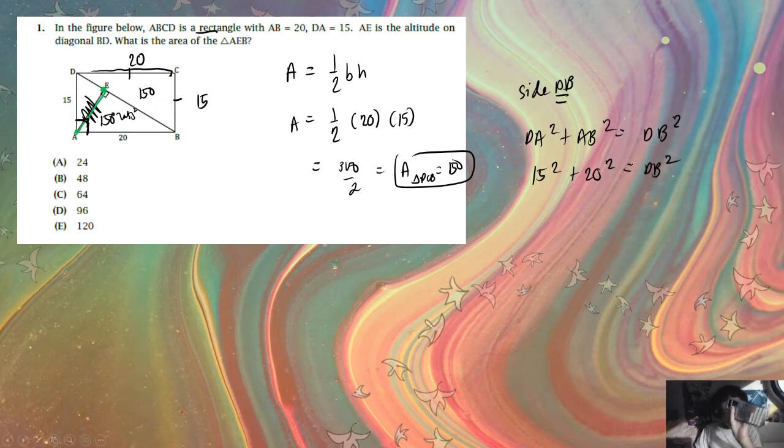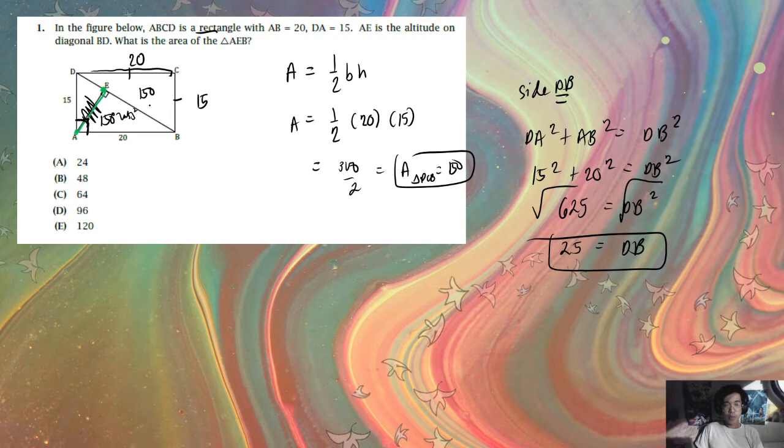Using your calculator, and please always use your calculator for these types of problems, we have 625 is equal to DB squared. If you take the square root of both sides, DB is equal to 25.